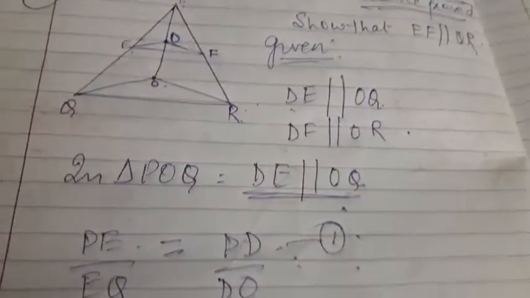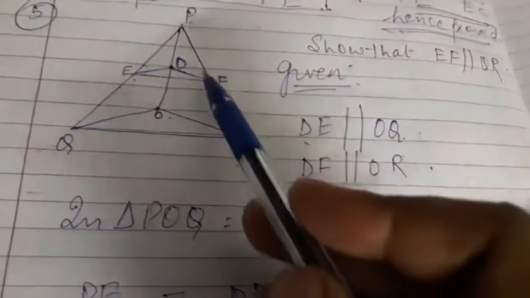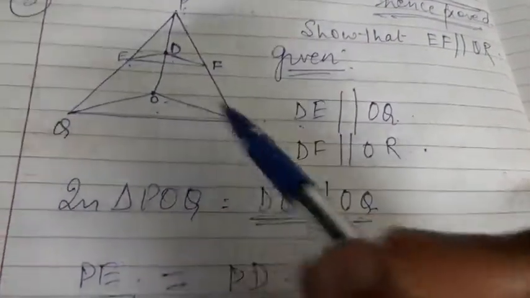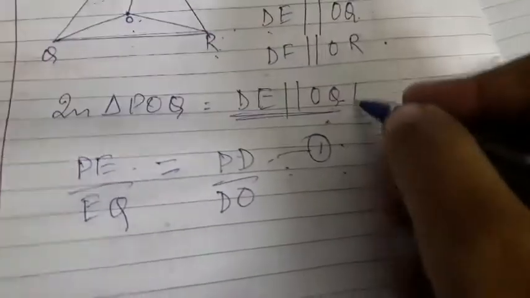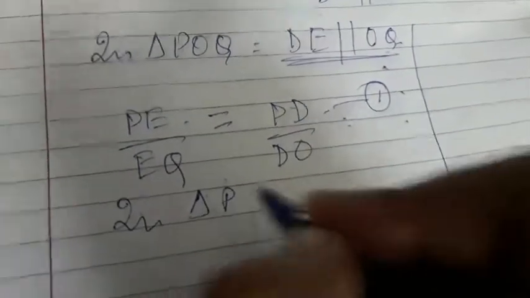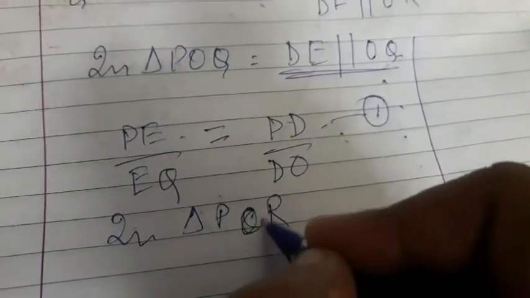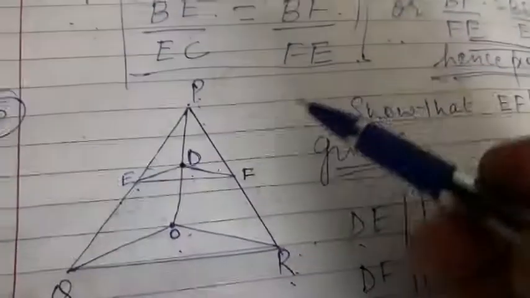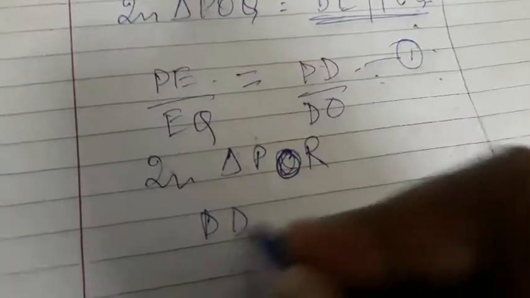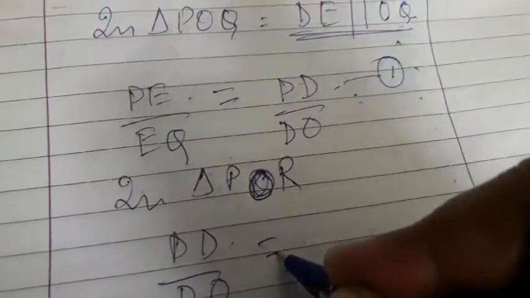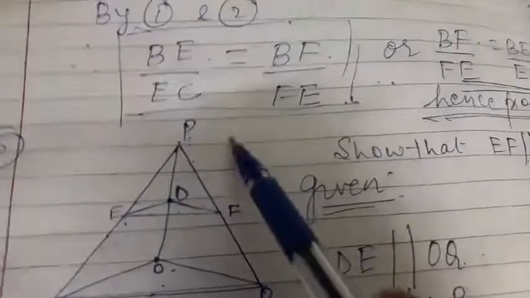Second, in triangle POR, same thing, PD upon DO is equal to PF upon FR.